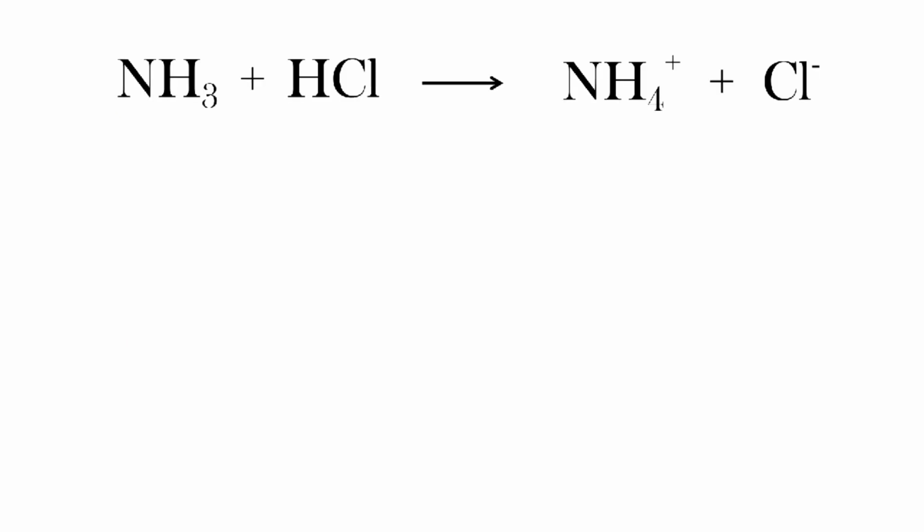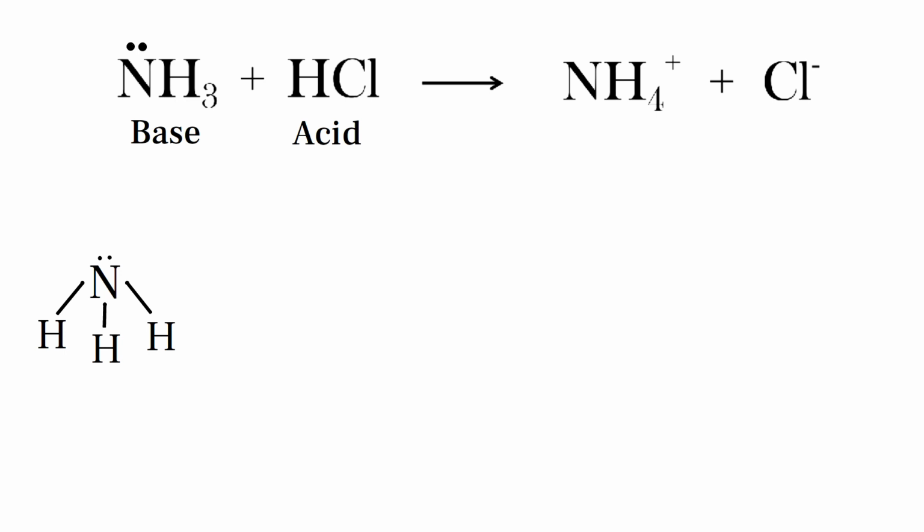For example, when ammonia reacts with the acid, we find that the nitrogen atom in the ammonia molecule has a pair of electrons that are not bound to any atom. As we know, nitrogen is in the 5th group of the periodic table, so it has 5 valence electrons and will bond to 3 hydrogen atoms to form the NH3 molecule.